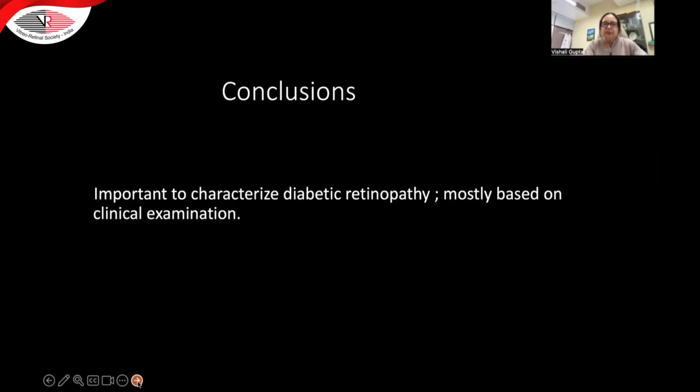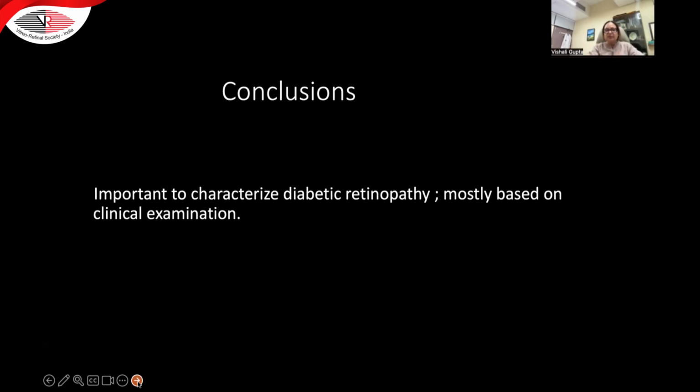So, to conclude, what every ophthalmologist should know is how to characterize diabetic retinopathy. Is it non proliferative? Is it proliferative? Is there a macular edema? Is there no macular edema? During these subsequent talks, we will realize that most of our management decisions are based on this initial characterization.